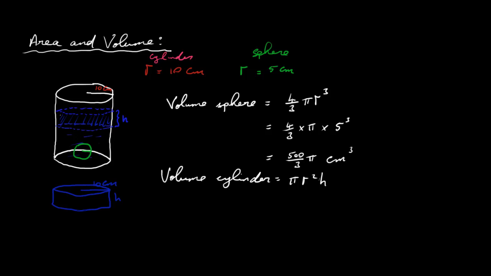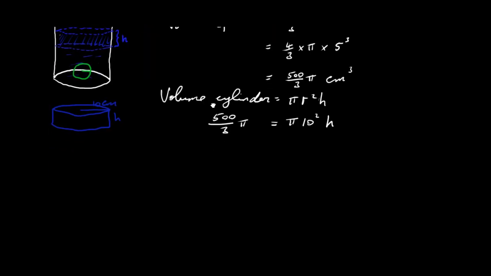We know the volume of this cylinder here, this water cylinder if you like. We know that it's 500 over 3 times pi. On this side then we've got pi, we've got r, which we know is 10. So that's going to be 10 squared. And then we have to try and find h. So we have this equation here, and we've got to work out what h is.